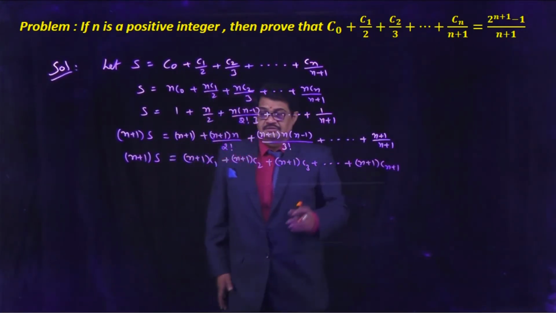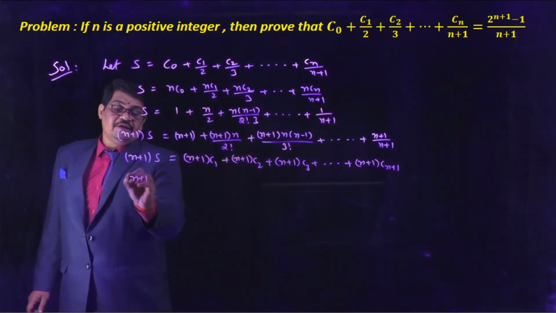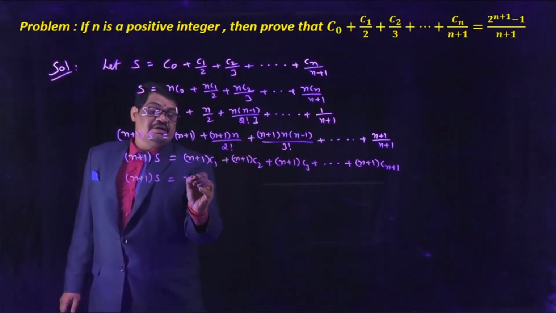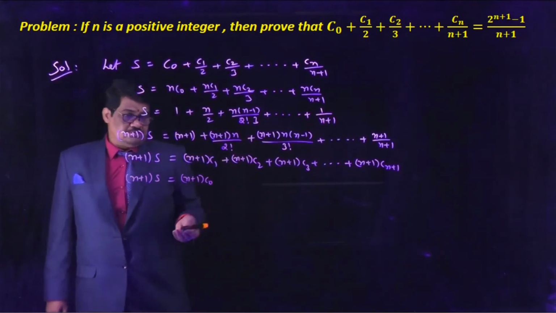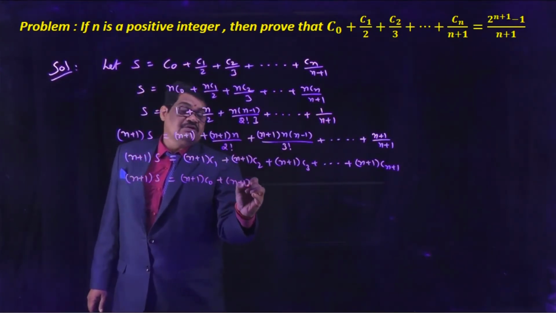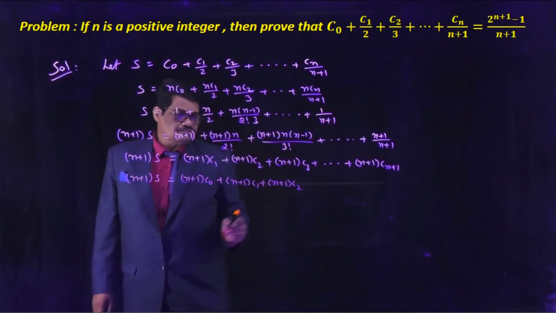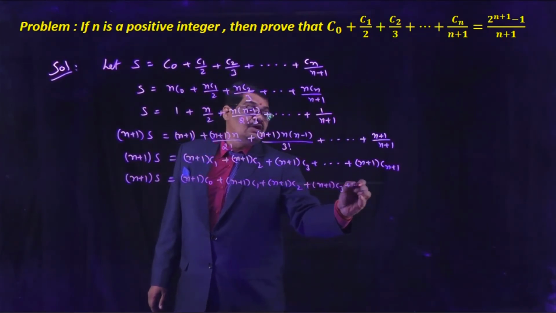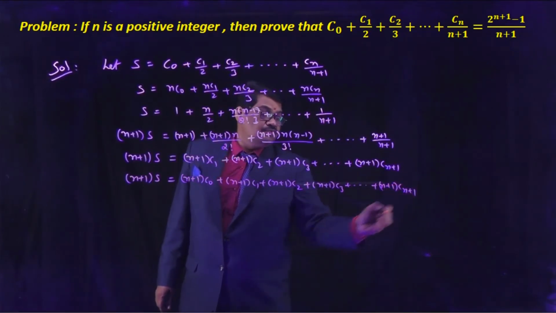Now we add a term on the RHS. (n + 1) S is equal to: we add (n+1)C0 at the start and subtract the last term, so (n+1)C0, (n+1)C1, (n+1)C2, (n+1)C3 and so on, up to (n+1)C(n+1).